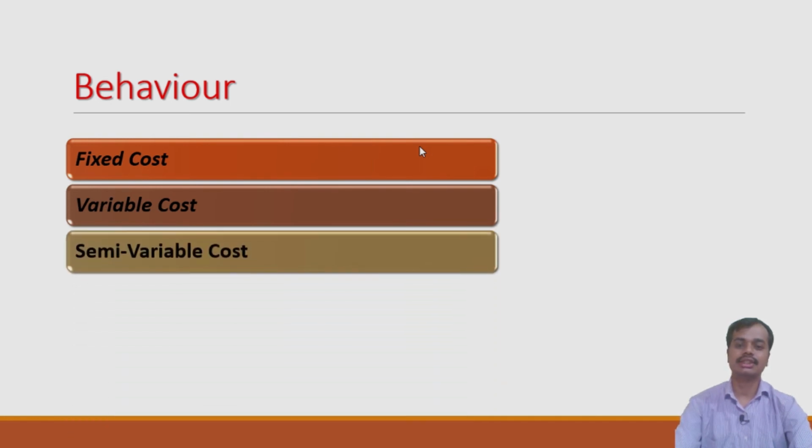And the next is semi-variable costs. Semi-variable costs contain both fixed and variable elements. They are partially affected by fluctuation in the level of production. These are partially fixed and partially variable costs. Examples: electricity bill, maintenance, etc.